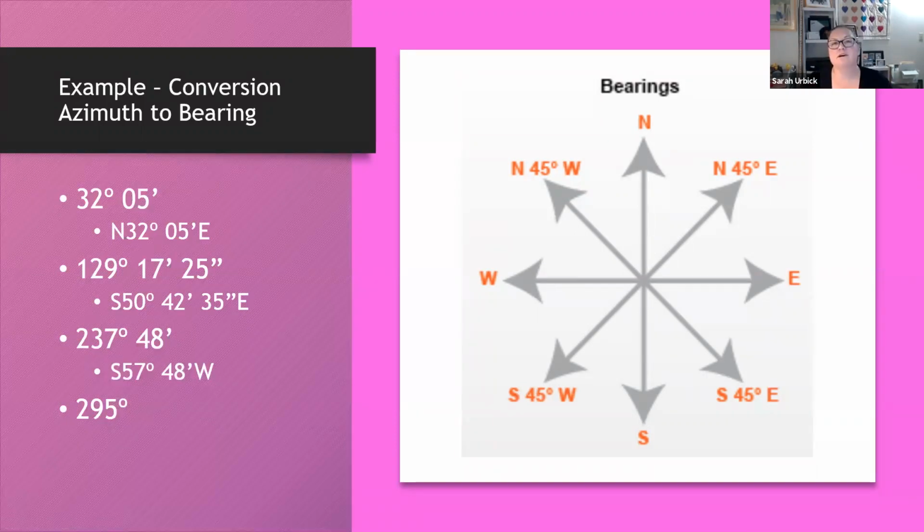What we want to do is figure out what that angle is off of the south facing line. We have 237 degrees, 48 minutes. Let's just say 237 degrees. We can subtract 180 from that.